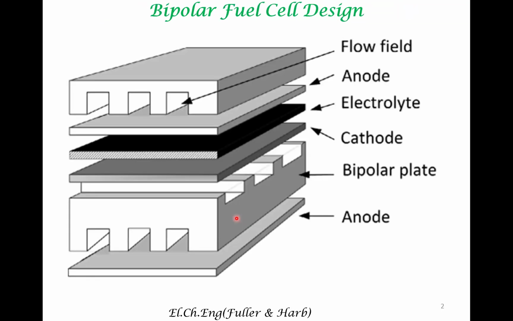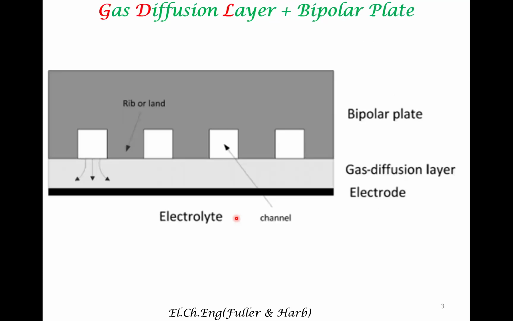And because it's exposed to two different kinds of gases, anode gases and cathode gases, there are certain material constraints that are critical for a bipolar plate. But this course is not about materials. We will not elaborate further on this, except to state that a bipolar plate should be a good electronic conductor.